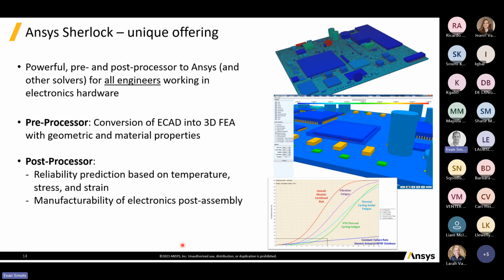We can do the analysis on it within Sherlock, and then take that analysis and make predictions about the reliability of the components and the time to failure of those components. So it really comes in at every stage. We don't necessarily need to link it to other products. It can do a lot of self-contained analyses within Sherlock, and we'll see how we can link the power of the pre and post processing to other Ansys products as well.